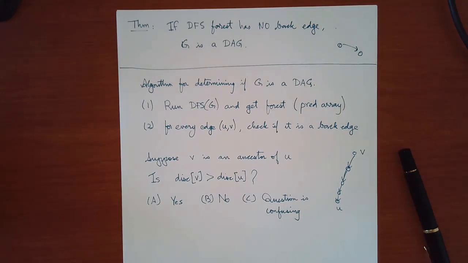Someone asks, would you have to check whether V is an ancestor of U? No, I'm just saying that suppose V is an ancestor of U. Is the discovery time greater than the finish time?